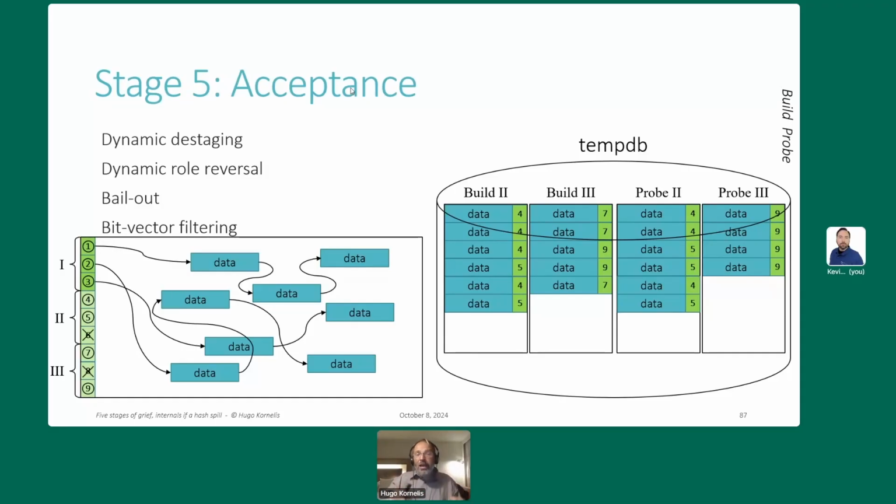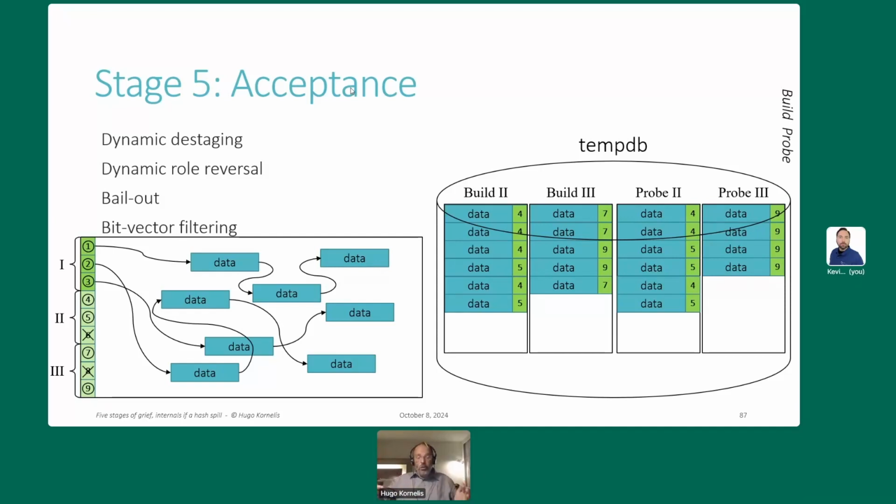So by applying this bit vector filtering process, the dynamic role reversal process also becomes more effective. The bailout might be prevented in scenarios where it otherwise would have happened.